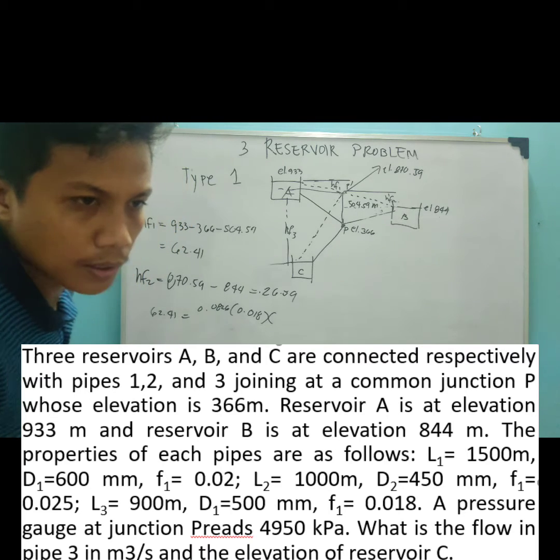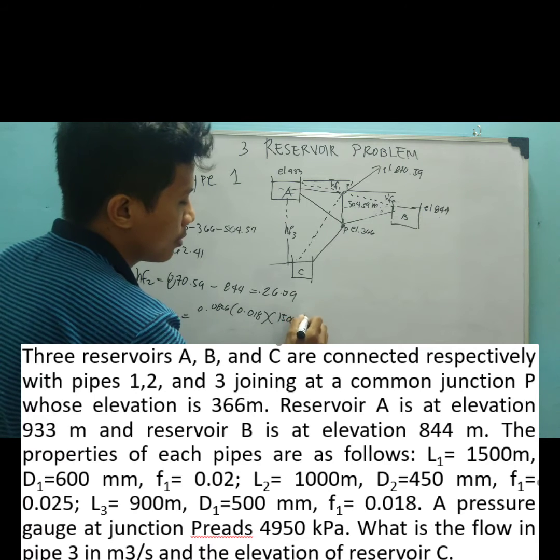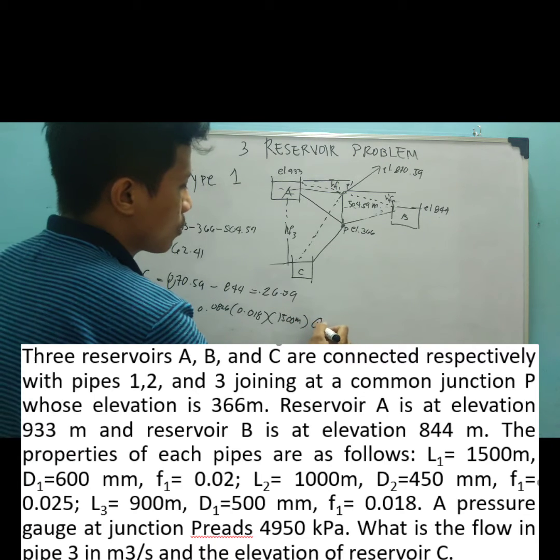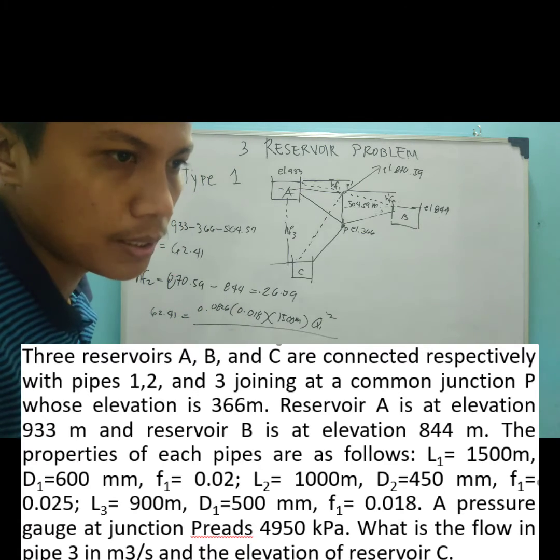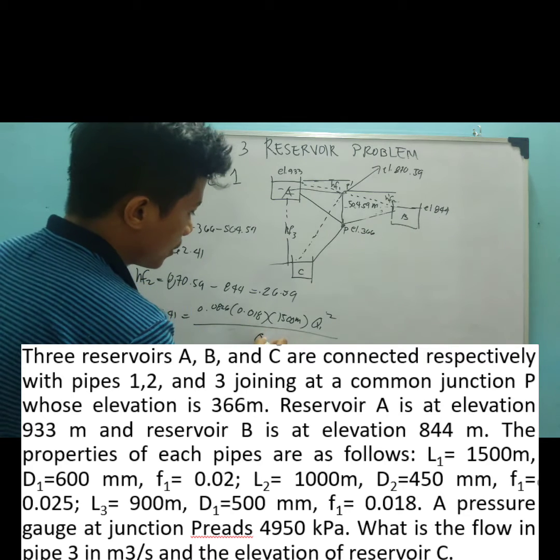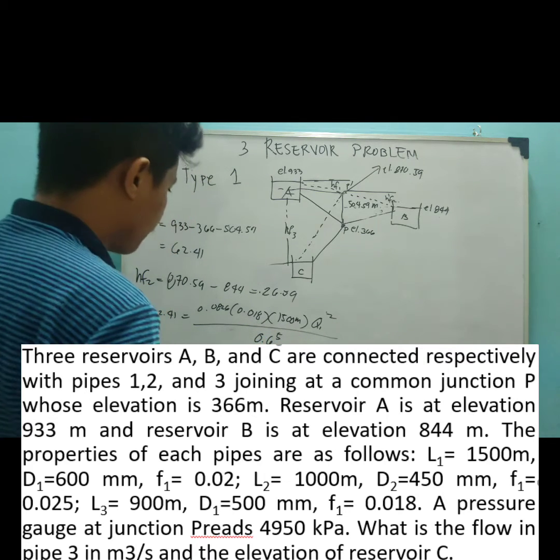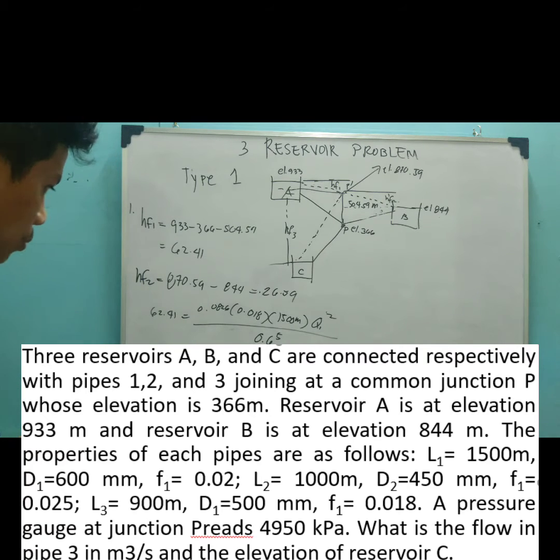The length of pipe 1 is 1,500 meters, times Q1 squared over the diameter, which is 600 mm. So, our Q1 equals 0.4.